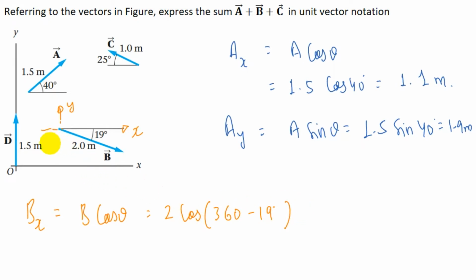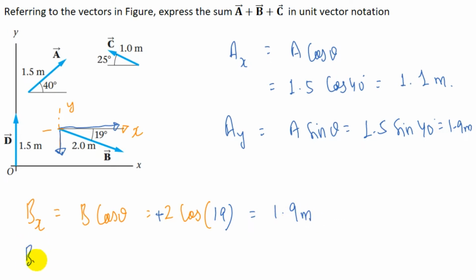The other way around, there is one more method which is also very easy. We know that this would be its x component and this would be its y component. The y component is along the negative y, so BY would be negative and BX would be positive, and we can take theta as it is, 19 degrees. So BX is plus 2 cosine 19 degrees, which comes out to nearly 1.9 meter.